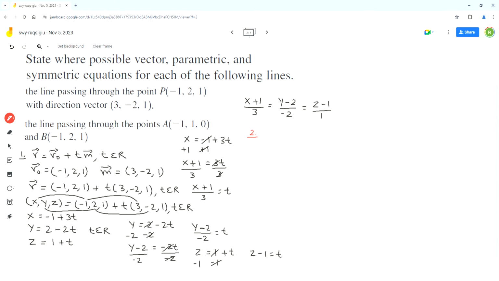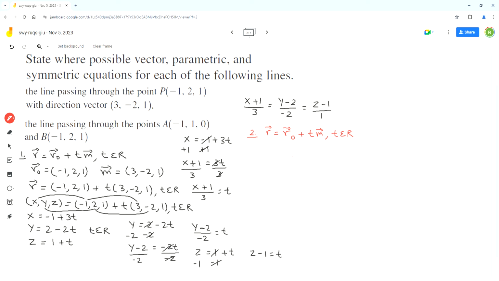The line passing through points A and B. So let's start with the equation in vector form. We can start by finding the position vector r0, and we can use any of the two given points.